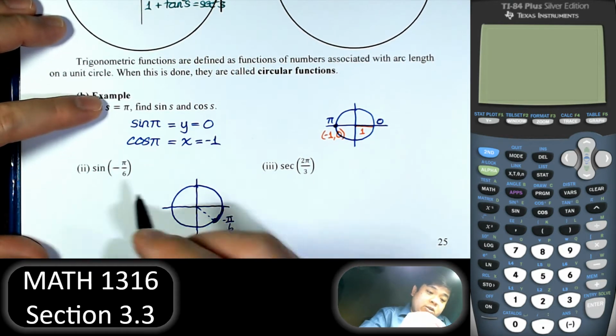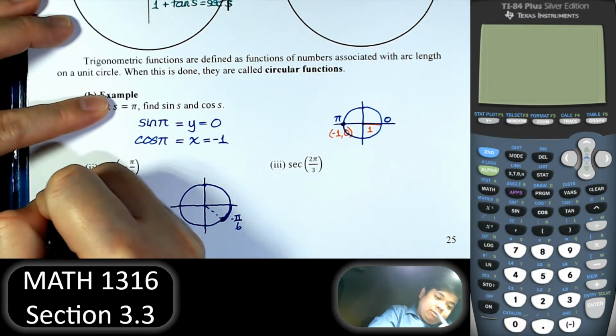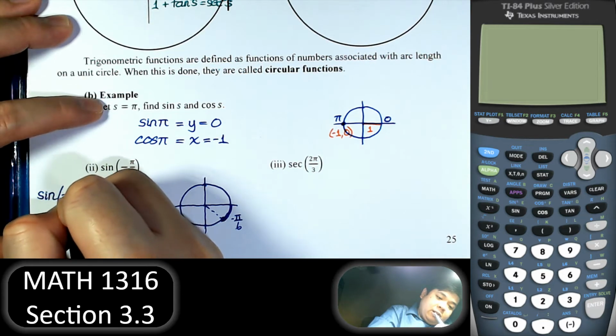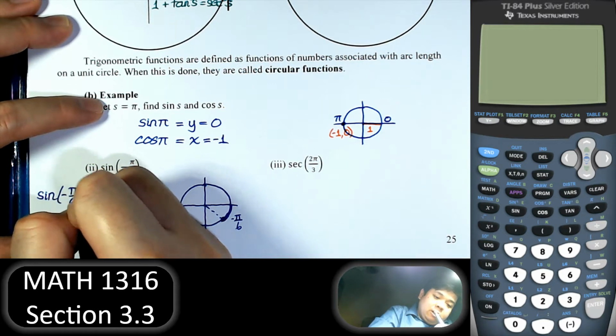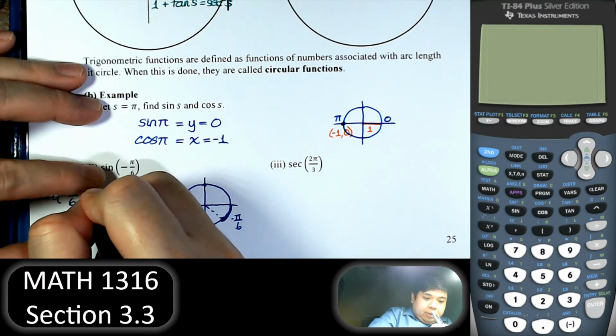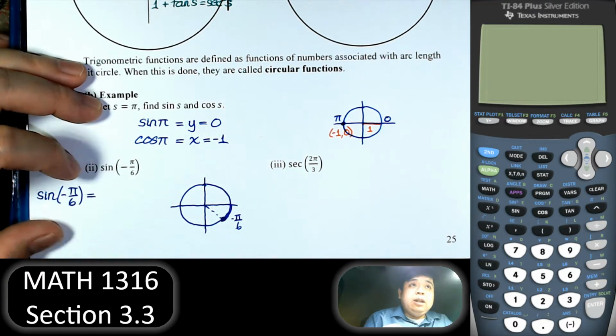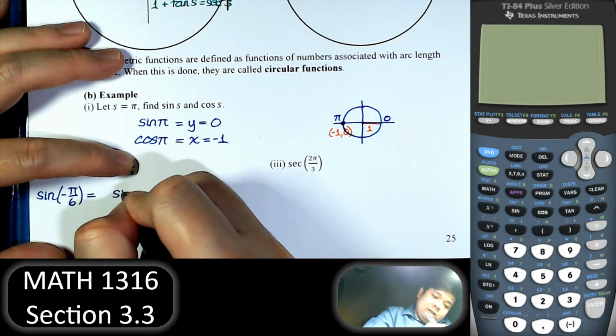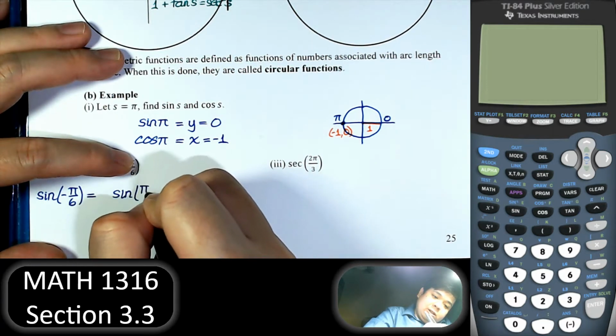So we write sine of -pi/6, and the reference angle is pi/6.